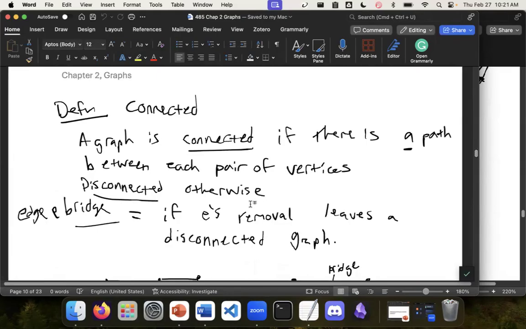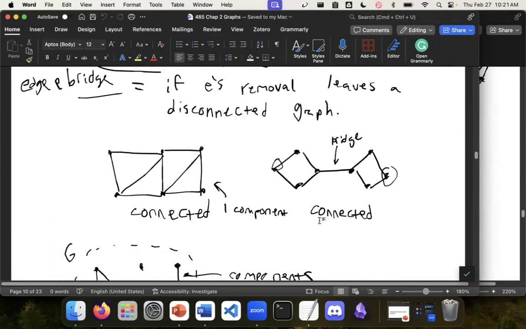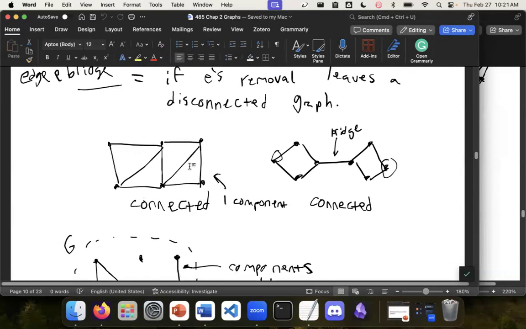We talked about connected, where a graph is connected if there's a path between each pair of vertices, every pair. Otherwise, we call it disconnected. This one we can see intuitively is connected. And so is the one on the right, but the one on the right has a bridge, where if we delete an edge, then the graph is disconnected.